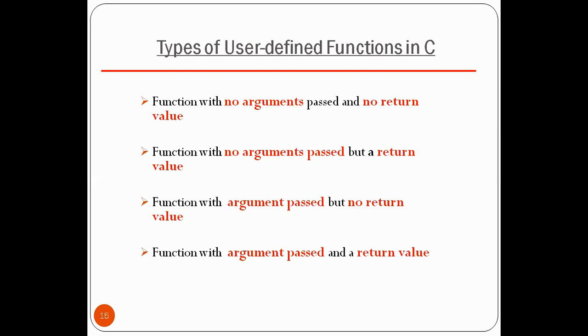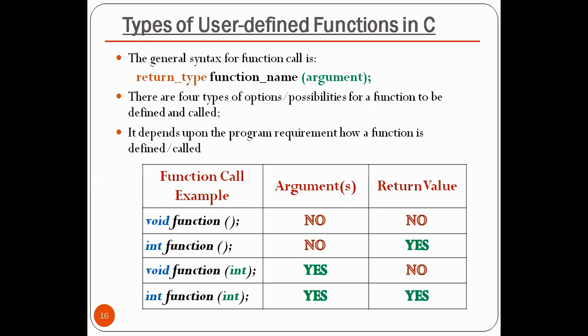So in this lecture, we will just discuss the first one, that is function with no arguments passed and no return value, right? So here you can see this is the syntax of your function call, that is return type, function name, argument, and these are the four possibilities. You can see void function.